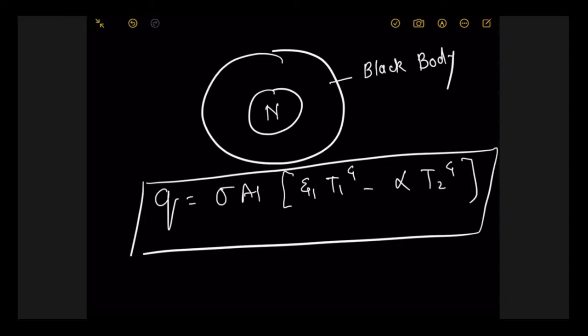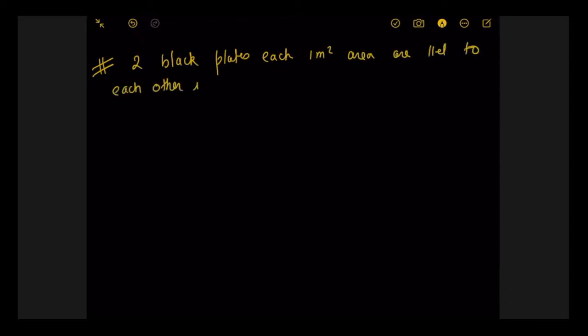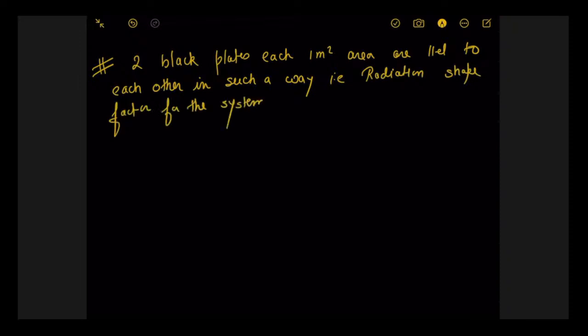Okay, then solve the question. Two black plates, each 1 meter square area, are parallel to each other in such a way that the radiation shape factor for the system is 0.4.